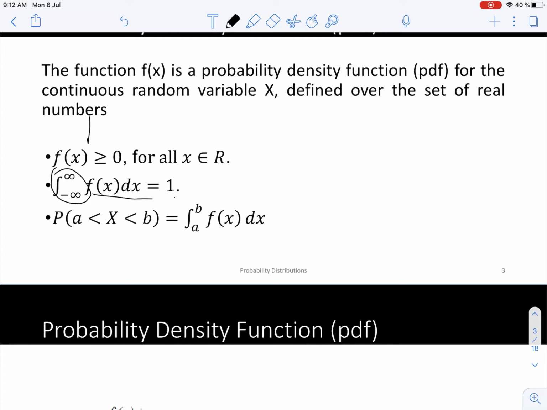This is the equivalent of the discrete case, where the sum of all the probabilities has to be equal to 1. But in the continuous world, instead of the sum, we now use the integral. That's the main thing that will change. And if we want the probability in an interval between a and b, then you have to do the integral between a and b of the PDF function.